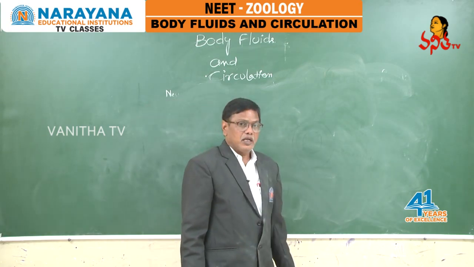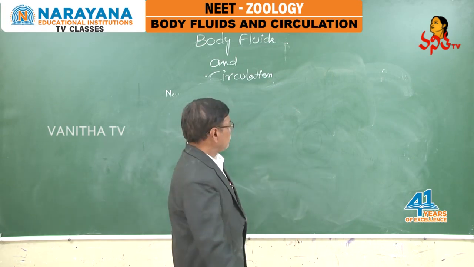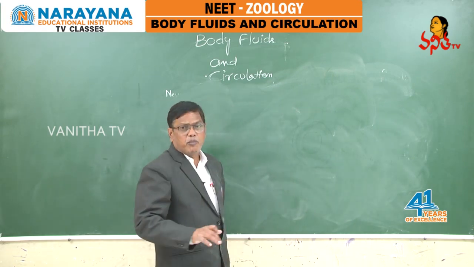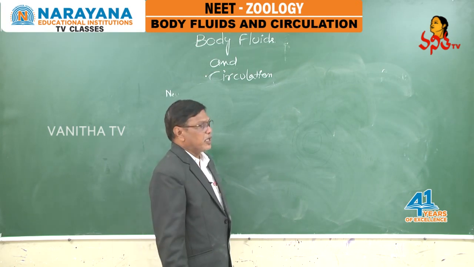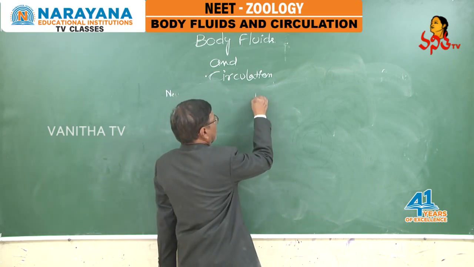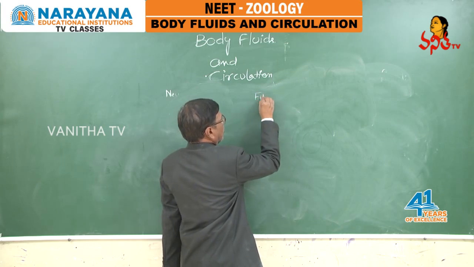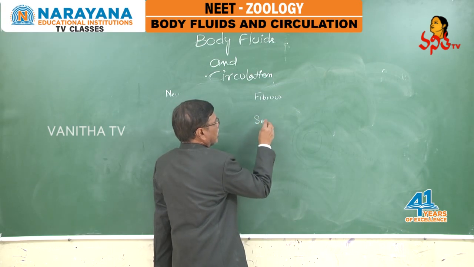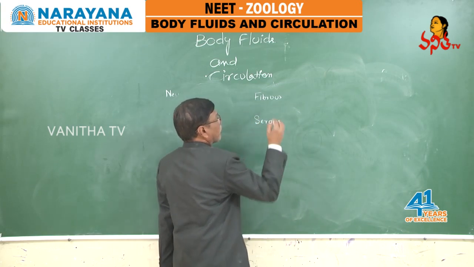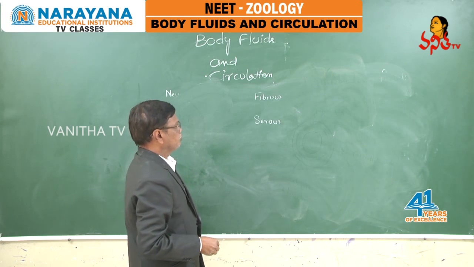Externally, the heart is covered by a double-walled pericardium. The outer one is called the fibrous pericardium, and the inner one is the serous pericardium. Outer is fibrous, inner is serous.